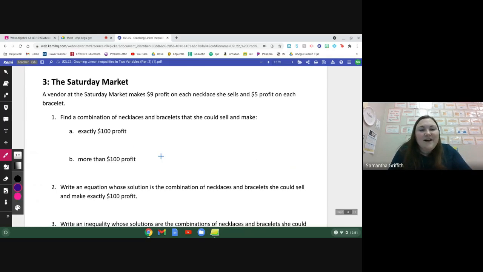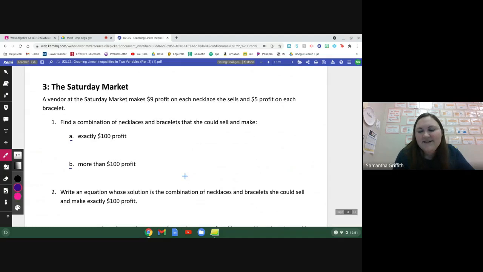Similar to above, there's going to be multiple correct answers for each of these. I'm going to give you all about a minute to see if you can find a combination that meets each of these descriptions here. And then afterwards, we'll share out.